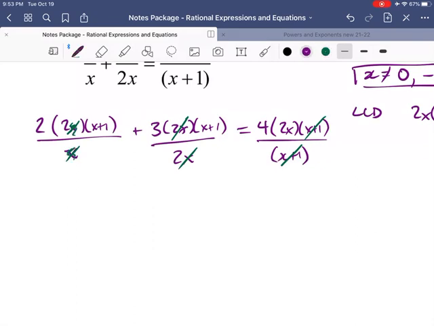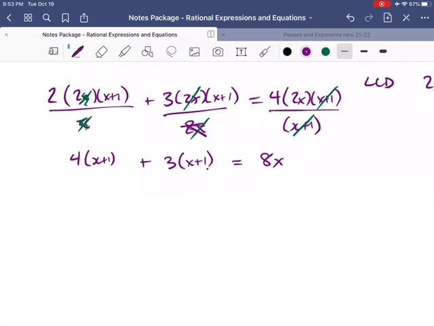On the left side, you're going to be left with 4 times x plus 1, and also 3 multiplied by x plus 1, since the 2x got simplified. That's why we're doing it. And that is equal to 8x.